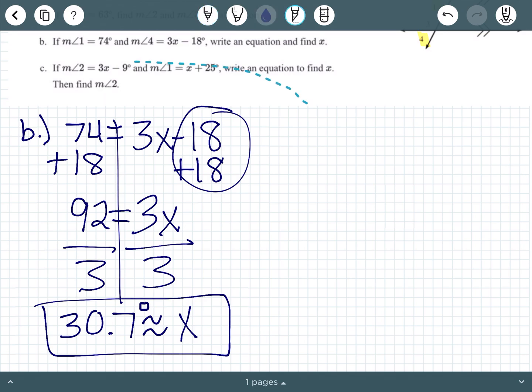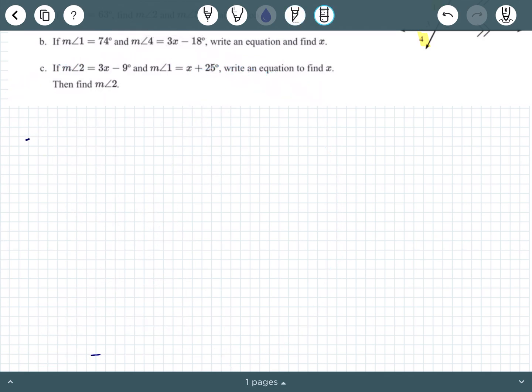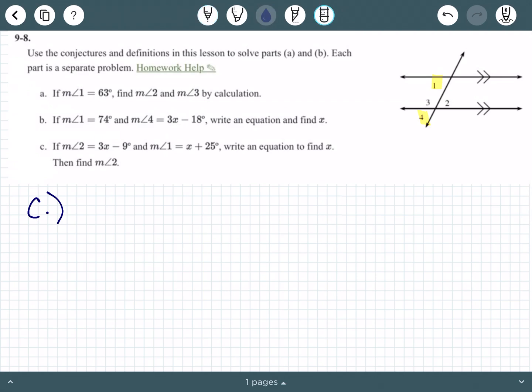All right, let's take a look at C now. So C says if the measure of, let me scoot back up here so we can look at our figure.